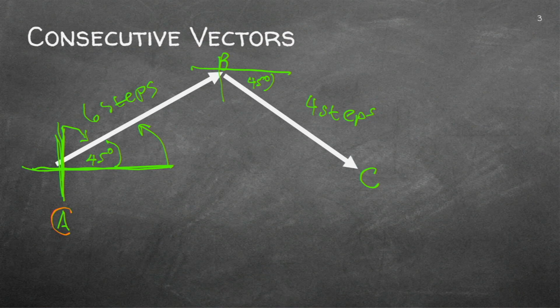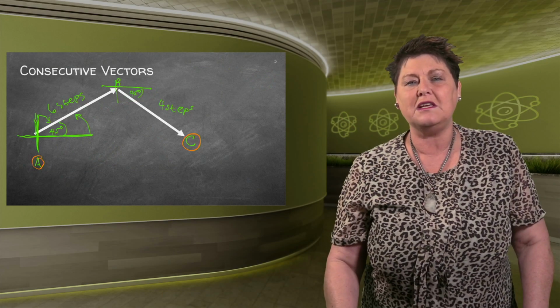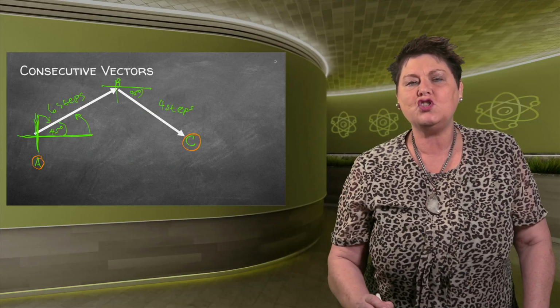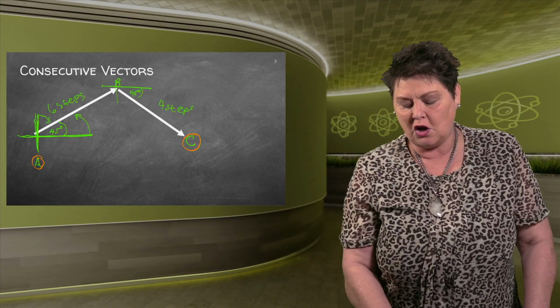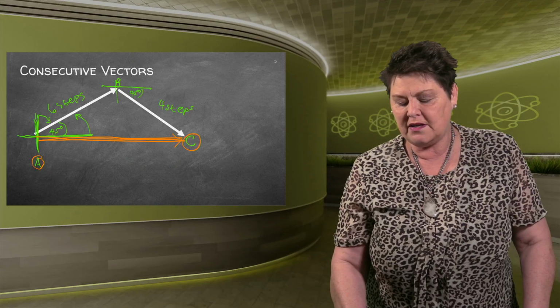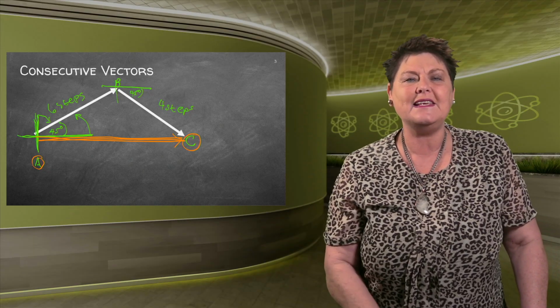So I'm at point A now, and I went to B, and I find myself at my final destination, which is now C. The resultant is, by definition, the shortest path between the starting point and the final point. So it is the AC line.